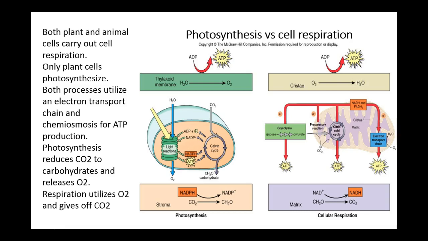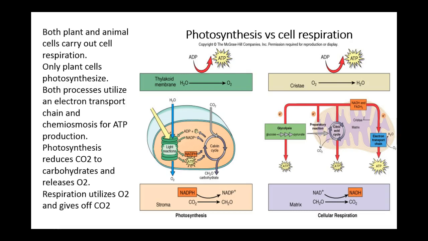Both plants and animals carry out respiration, but only plant cells photosynthesize. So both plants and animals do cell respiration, actually using oxygen to create ATP and give off water.